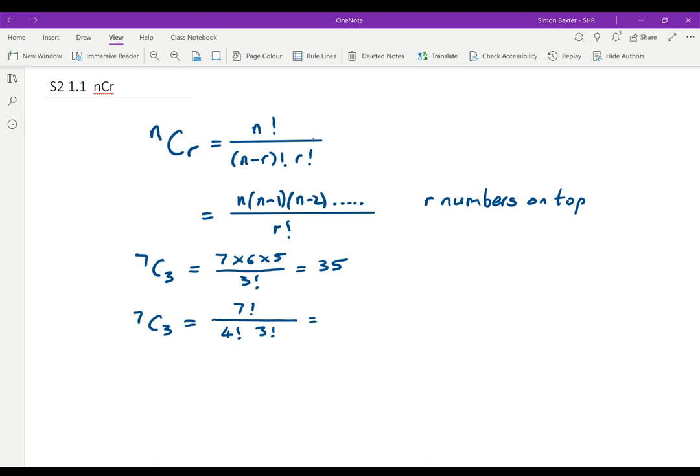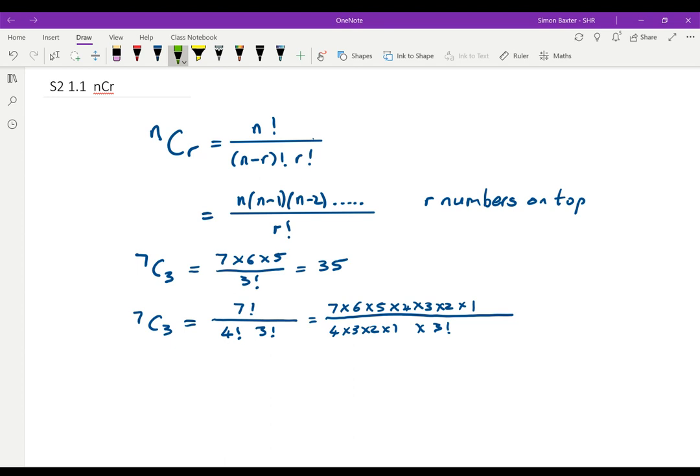Writing this out in full, we get 7 times 6 times 5 times 4 times 3 times 2 times 1, all over 4 times 3 times 2 times 1 times 3 factorial.